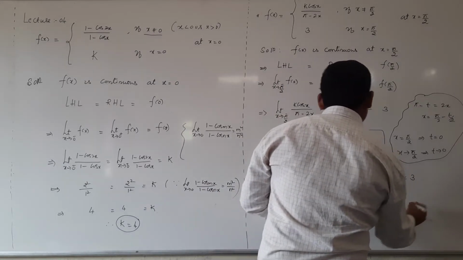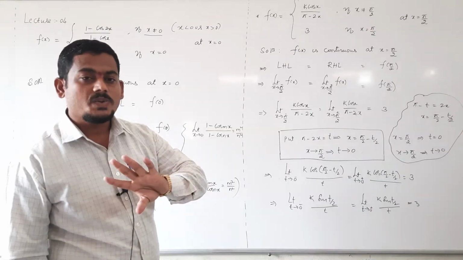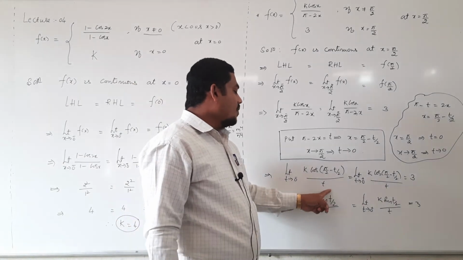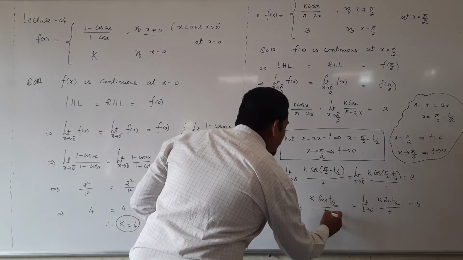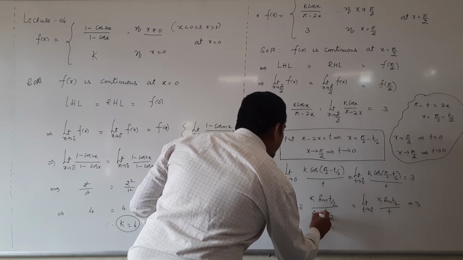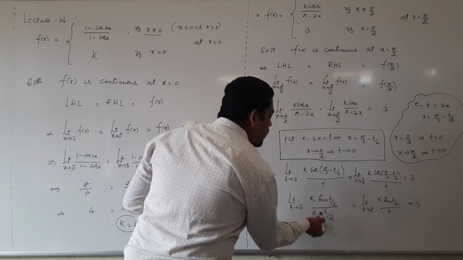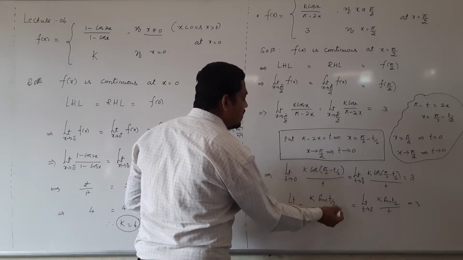that's equal to 3. Now in the numerator the sin function with angle t by 2 is there, so convert this into the form of sin theta divided by theta. In the denominator, just divide and multiply with 2. This is just an adjustment to convert it into the form of sin theta divided by theta.